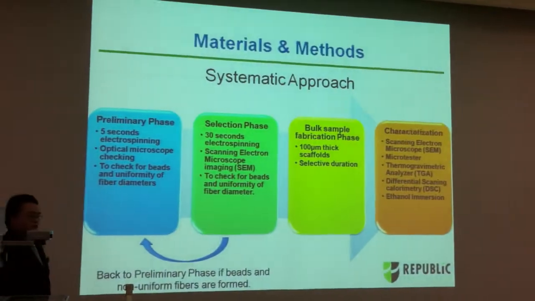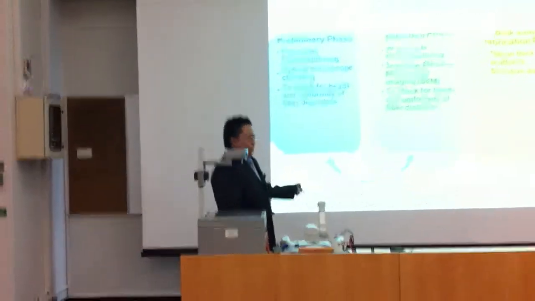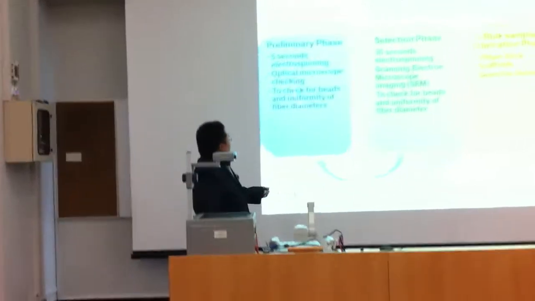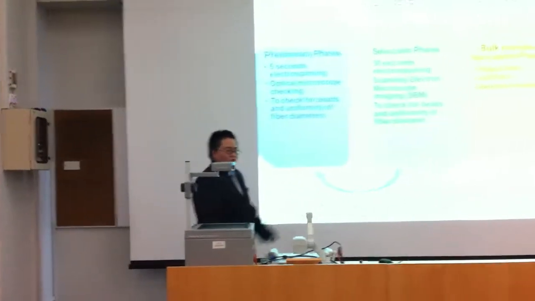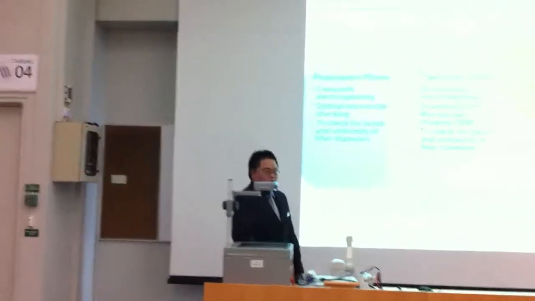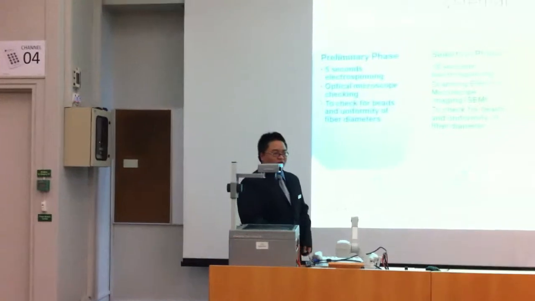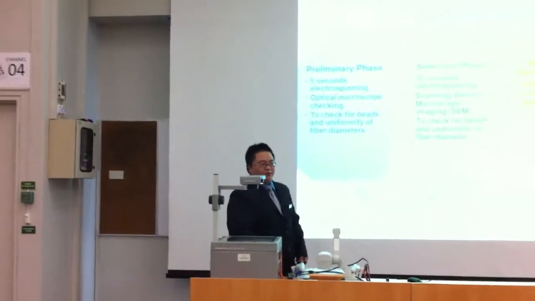So for the methods, this project employs a systematic approach whereby it was done in three phases. The first phase would be the preliminary phase, where the fibers will be spun on a glass slide for 5 seconds, which are to be viewed on an optical microscope for the determination of fiber formation and non-uniform fibers.